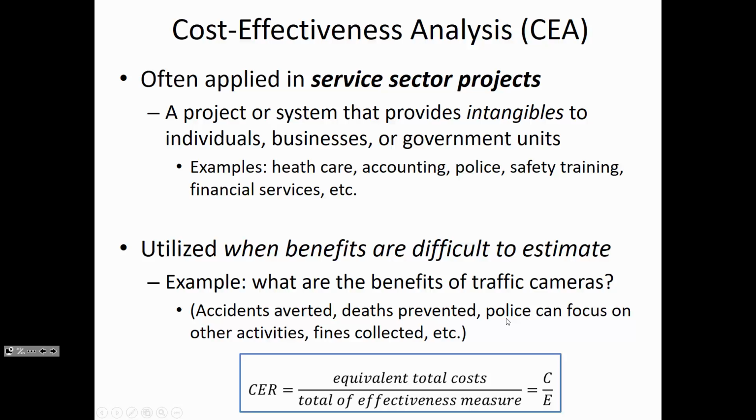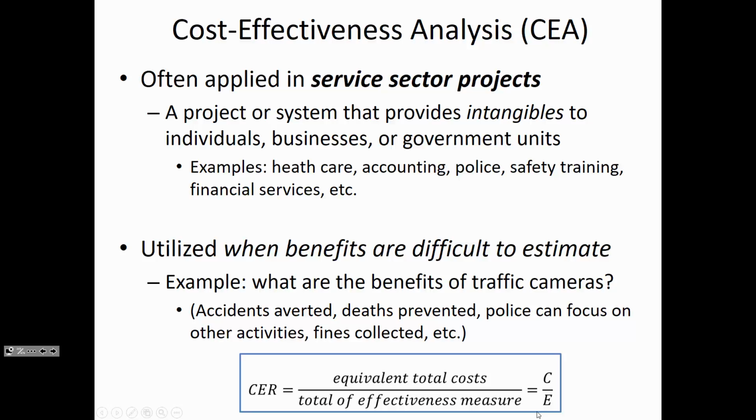If we're talking about health care, it could be the number of patients that a nurse is providing services to during a shift. So whatever the main job tasks are for this organization or individual, we measure how effectively they do it and we put it in the denominator. And so this ratio, what do you think you'd like? The ratio to be high or the ratio to be low?